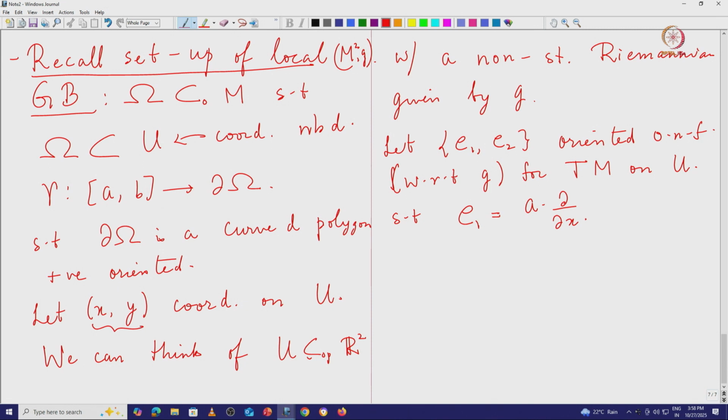What is A here? A is simply a factor that you multiply del by del x so that you get a vector of norm 1. So A will for instance just be the inverse of the G norm of del by del x. I can always do that. I choose my E1 first and then use the Gram-Schmidt process to construct E2, and I can do this so that I end up with an oriented basis.